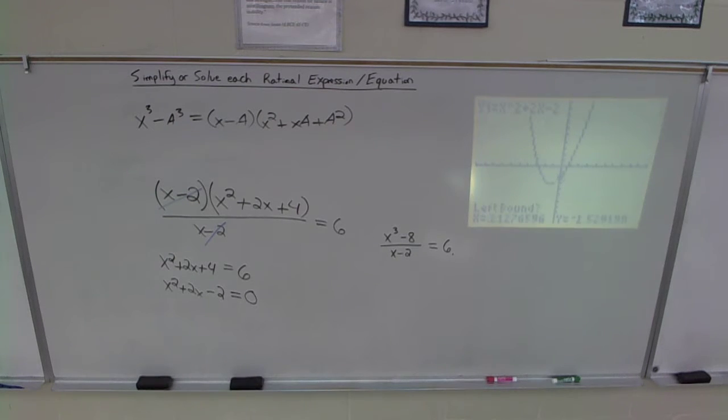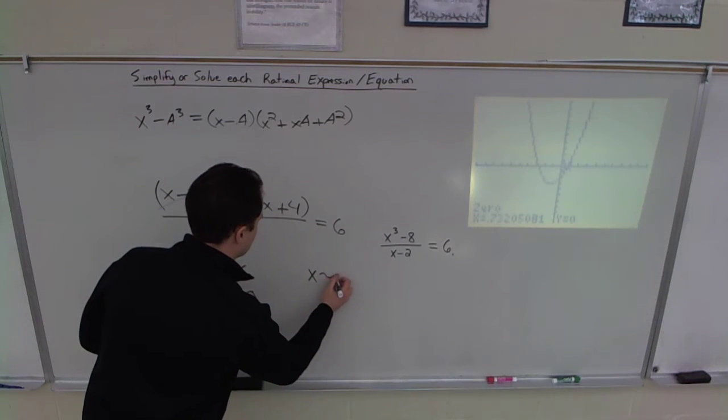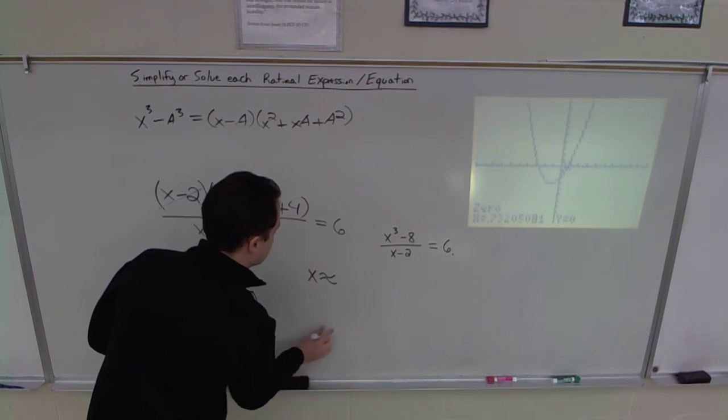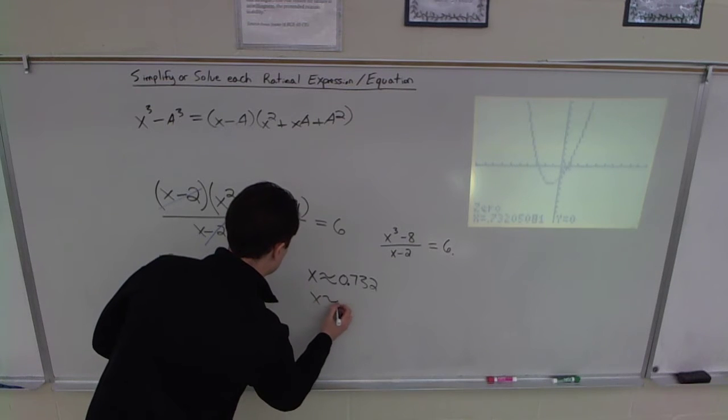So then I go left-hand side of that one, right-hand side of that one, and guess at it. So I get x is approximately 0.732.